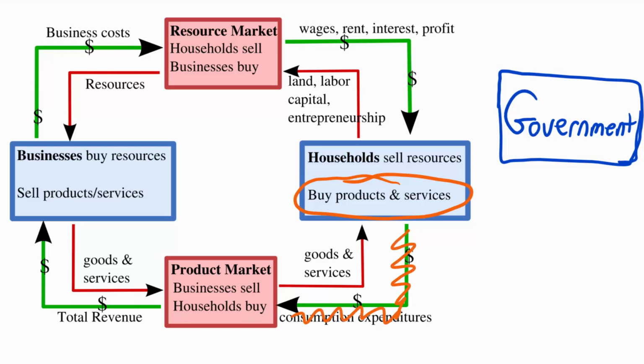Consumption expenditures were going down. That means that the total revenue for businesses is going down, and this was starting to create this vicious cycle where we were going to head into a recession, because if the businesses can't earn money, they can't hire people. What could the government possibly do to maybe step in and help this circular flow keep flowing better?